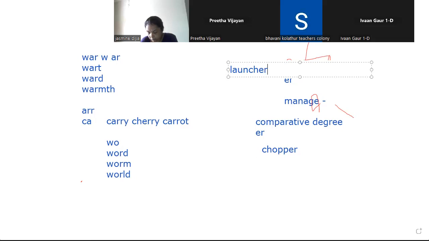Photographer, furnisher, discoverer. So mostly ER will be the most common suffix for sound. Furnisher, not furniture. So mostly when you have to add a suffix, it is ER, and IR and UR are mostly a part of the root word.